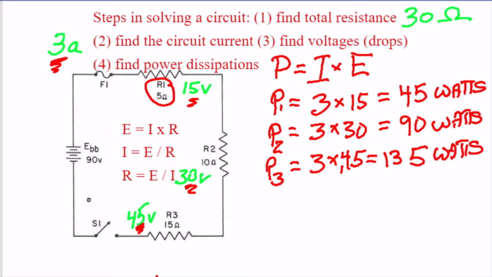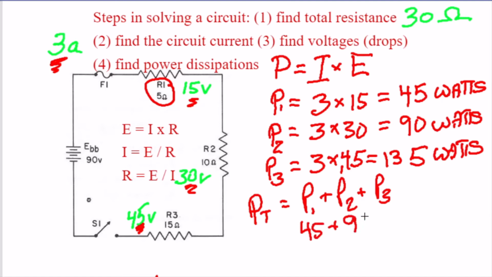Because we're solving this circuit, we want to know the total power. That's P1 plus P2 plus P3, which is 45 plus 90 plus 135, which equals 270 watts. That's the total amount of power dissipated by this circuit.